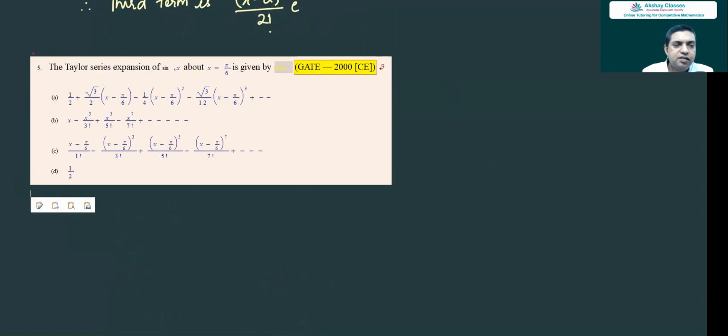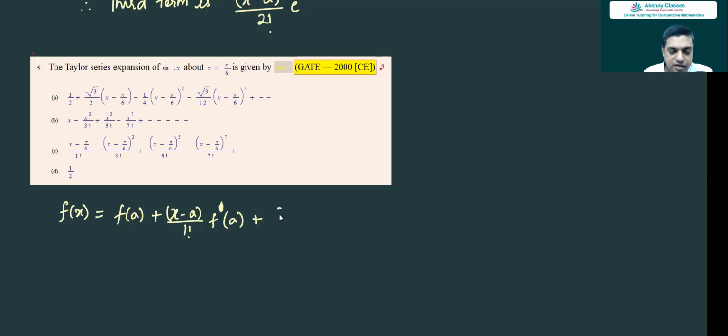Let us see. At least 4 terms we can expand. So f of x is f of a, at pi by 6 we have to do, then x minus a by 1 factorial into f dash a plus x minus a the whole square by 2 factorial into f double dash a, and so on.